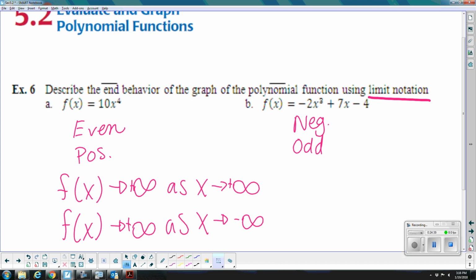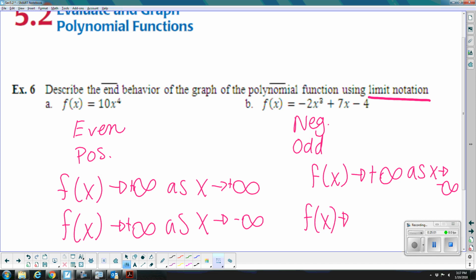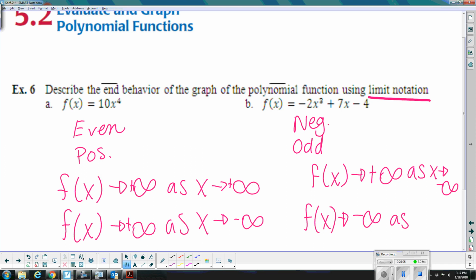So if you look up at the top right-hand corner, using limit notation, f of x approaches positive infinity as x approaches negative infinity, and f of x approaches negative infinity as x approaches positive infinity.